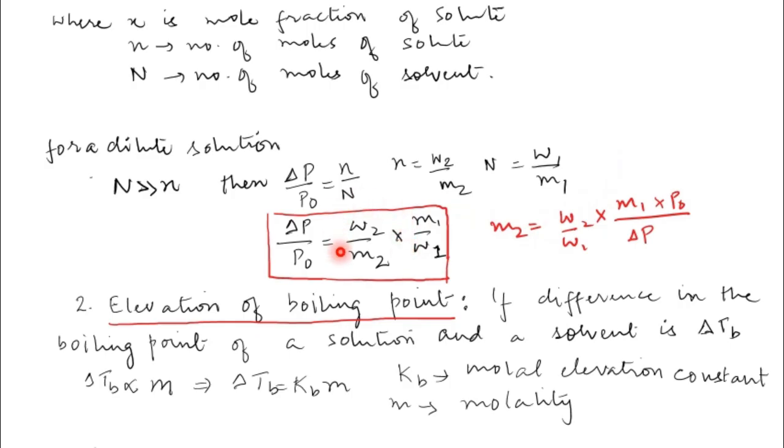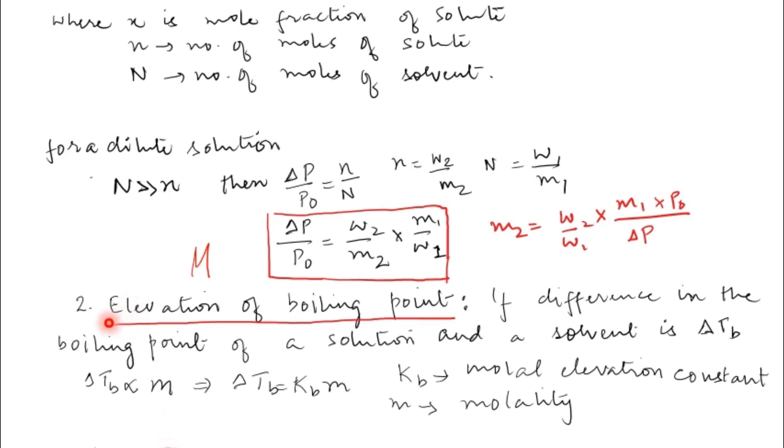We have replaced these values in this equation, and the final equation comes out to be this: relative lowering of vapor pressure equals W2 by M2 into M1 by W1. And from here you can calculate M2, which is the molecular mass of the solute. Now this molecular mass M2 is written as capital M in many books, so that is okay.